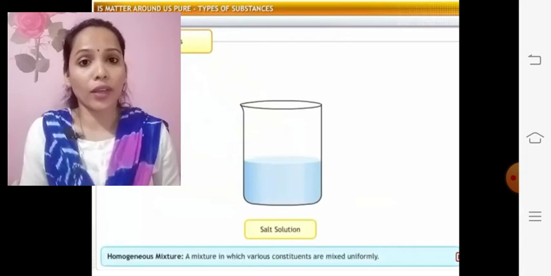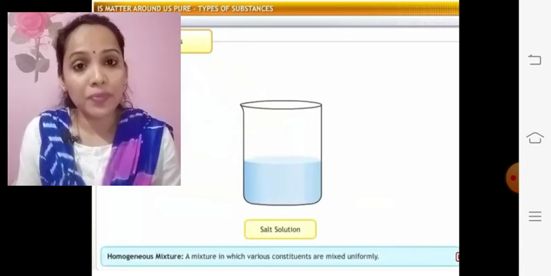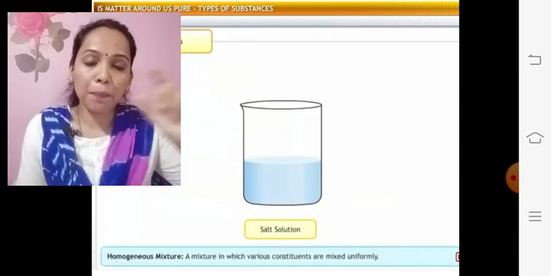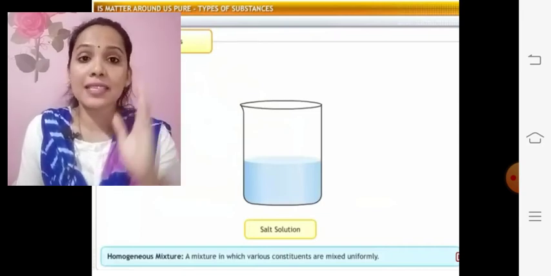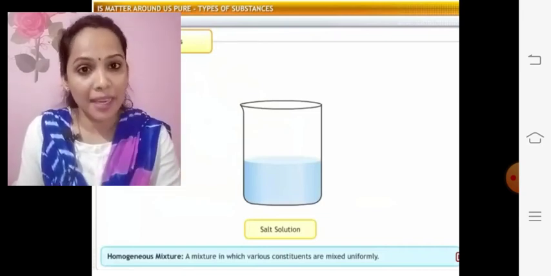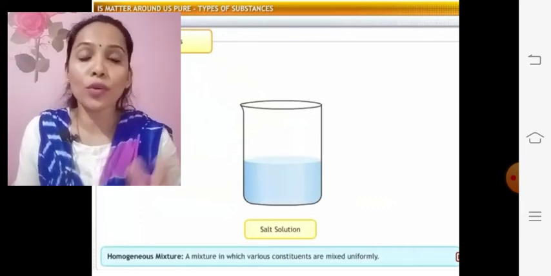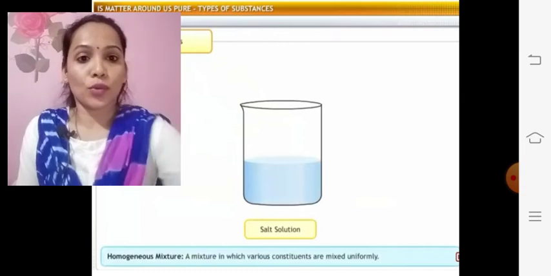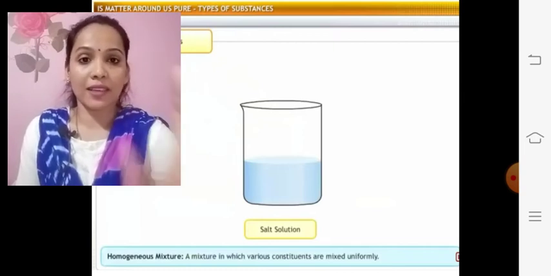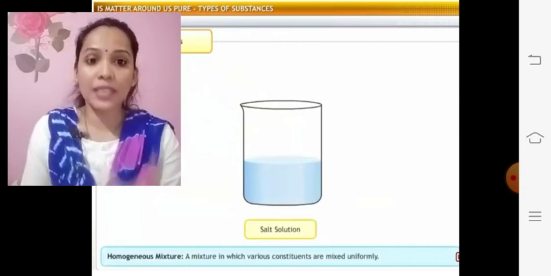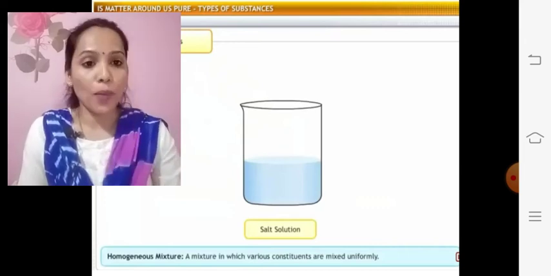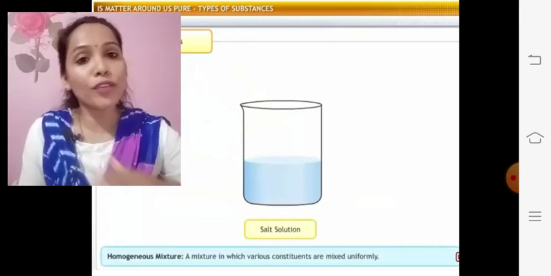No, not at all. It tastes the same. That means every part of the solution has the same amount of salt and the same amount of water. This is what is meant by homogeneous.